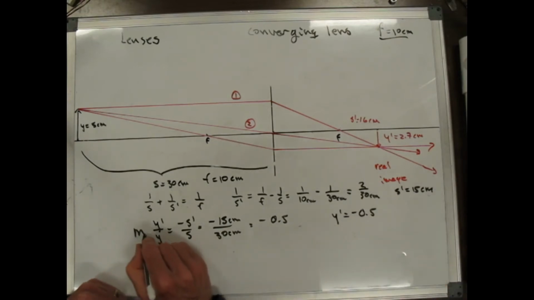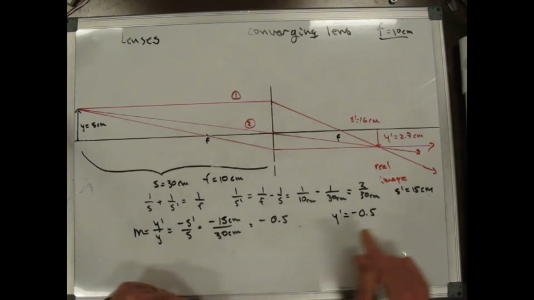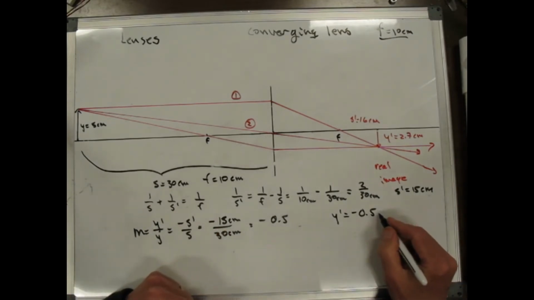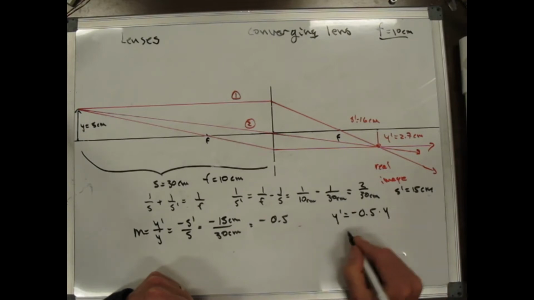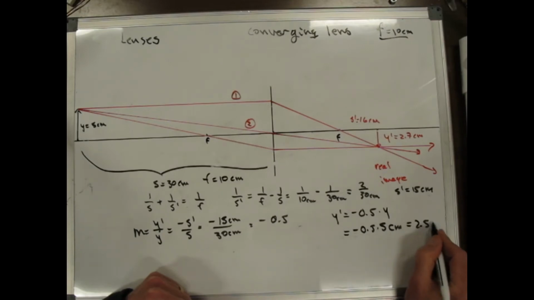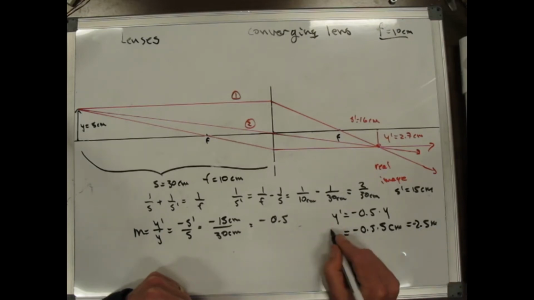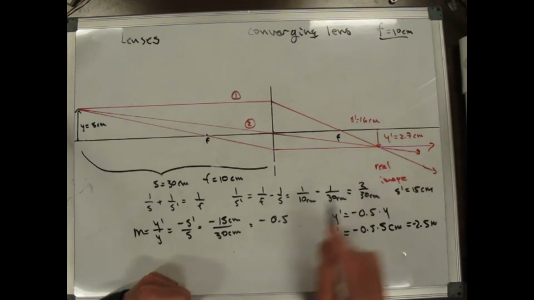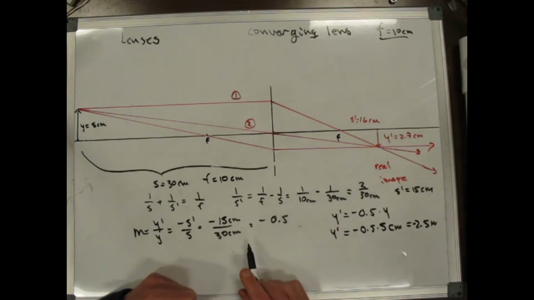This is the magnification, by the way, the thing we calculated just a minute ago, right? Minus 0.5 times y, which is minus 0.5 times 5 centimeters, which is 2.5 centimeters with a minus sign in front of it. We measured about 2.7. That's a pretty good drawing.